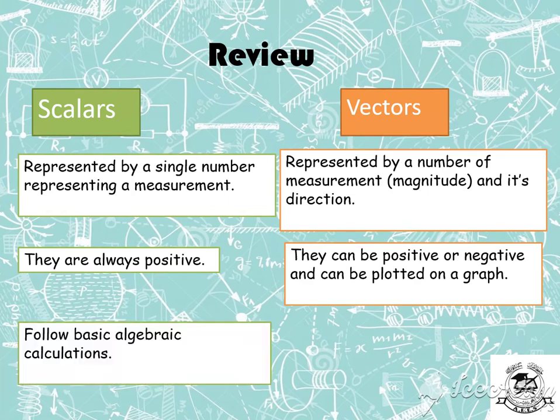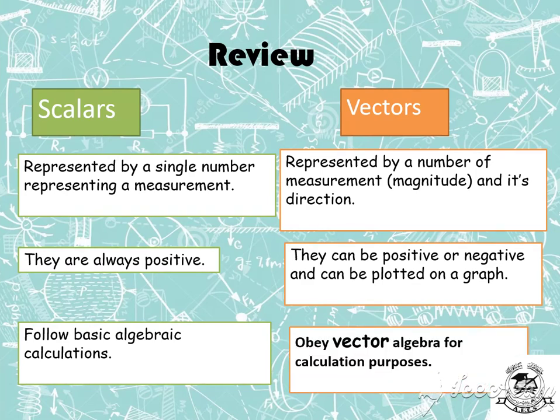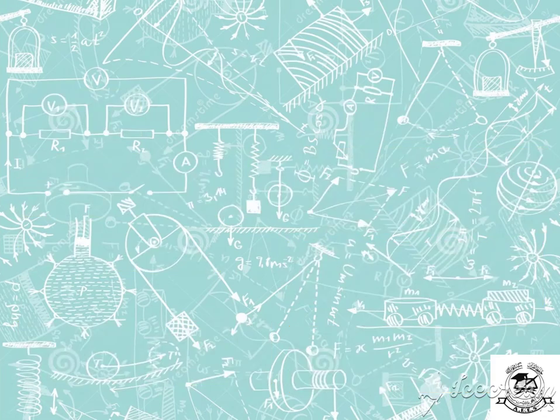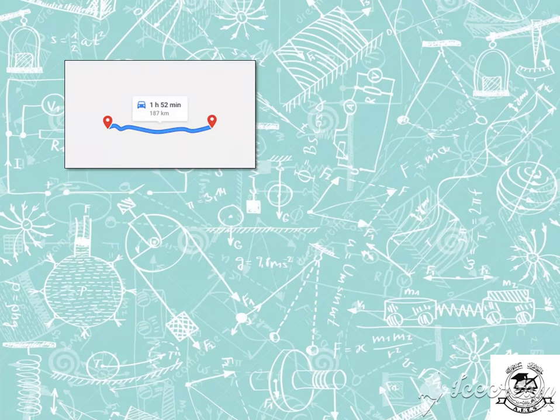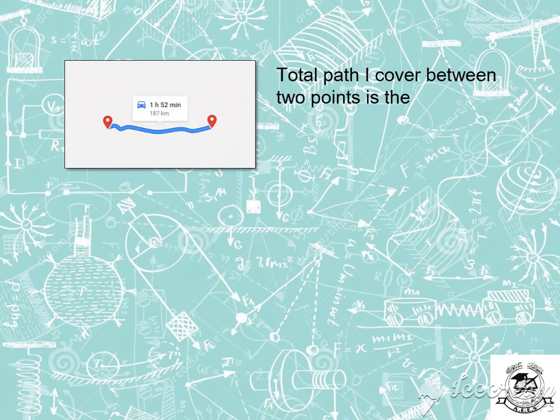The scalars follow basic rules of algebraic calculations. To calculate a vector quantity, vector algebra is used. Now, if I have to go from home to school, the total path I cover between 2 points is the distance moved.